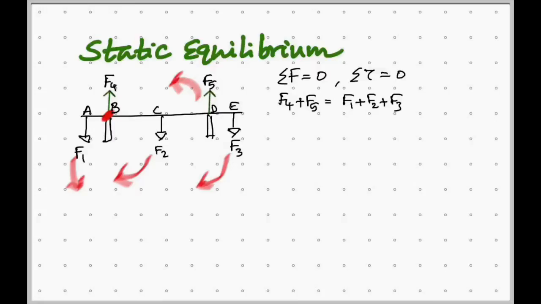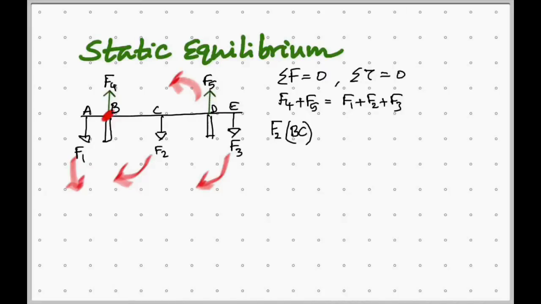And then if you know where those are acting, you take the torque due to each one. You would go F2 times what? What is the distance? I've labeled them. BC, very good.